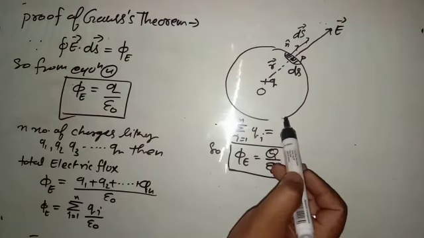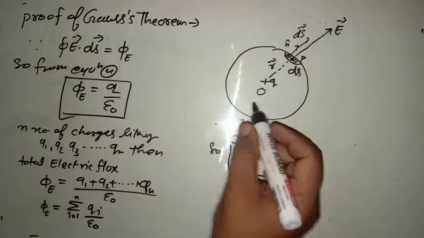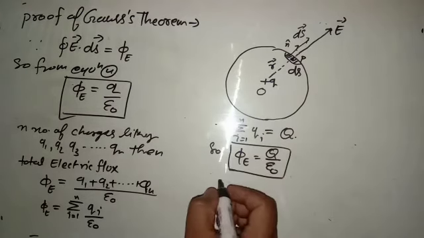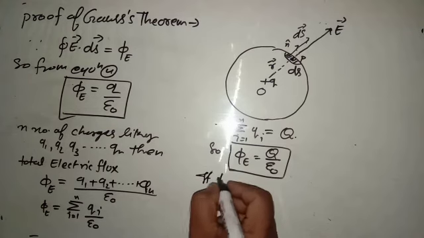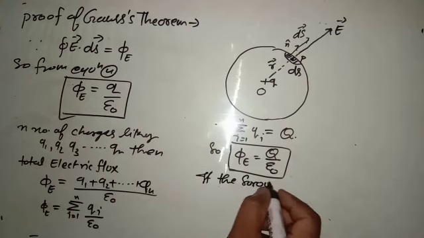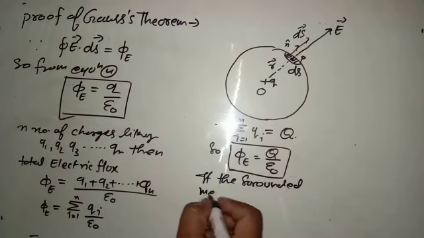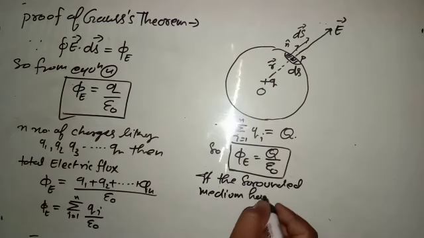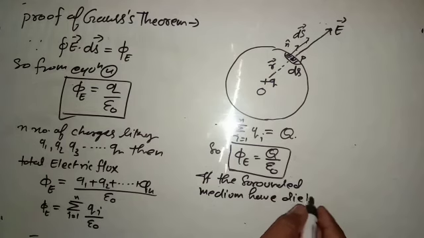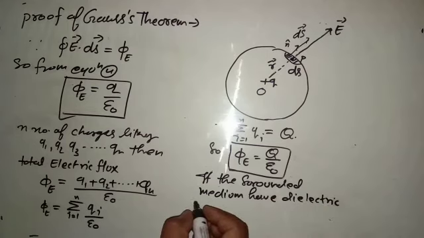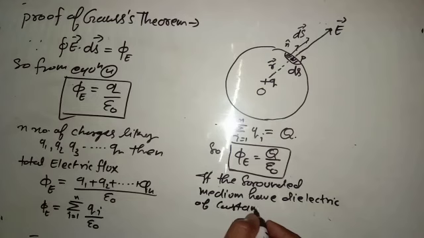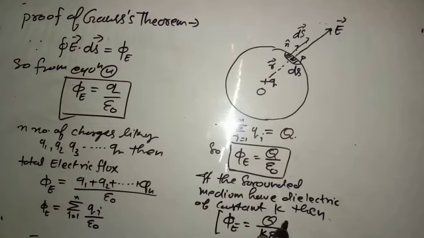If the medium surrounding this charge is a dielectric medium of constant k, then phi E is equal to q upon k epsilon naught.